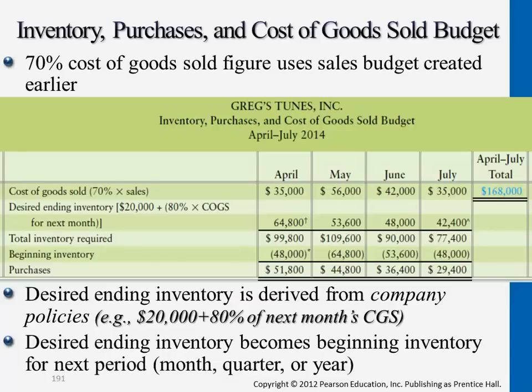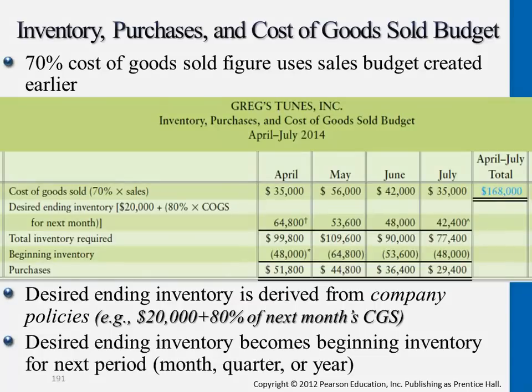And usually a company will have certain policies to determine their anticipated cost of goods sold level. In this particular example, they use 70% times whatever sales revenue they're anticipating to get, as the numbers of 35,000, 56,000, 42,000 for each and every month's cost of goods sold.